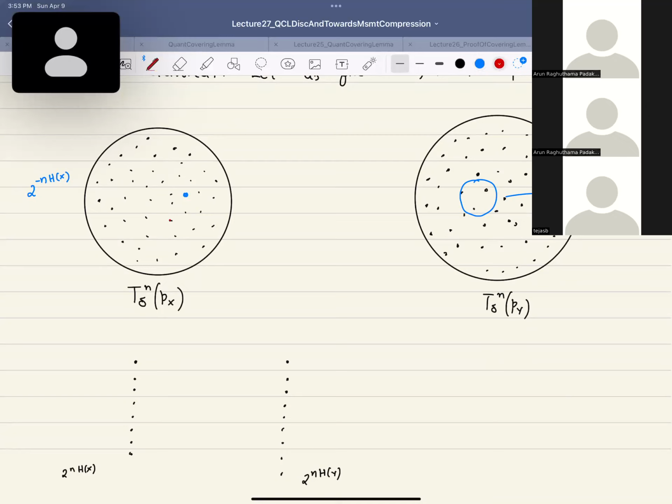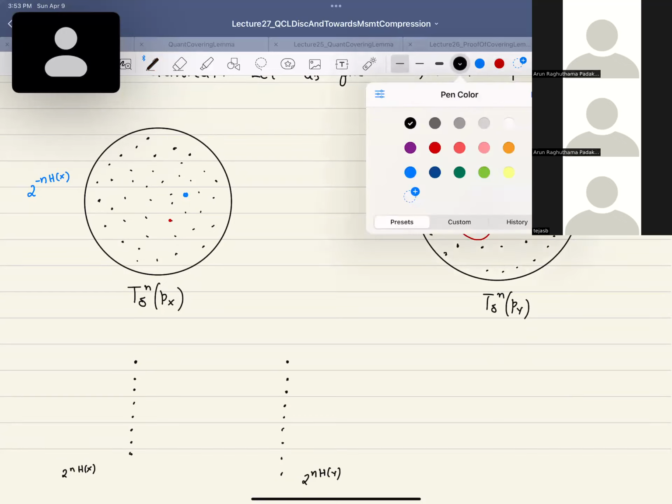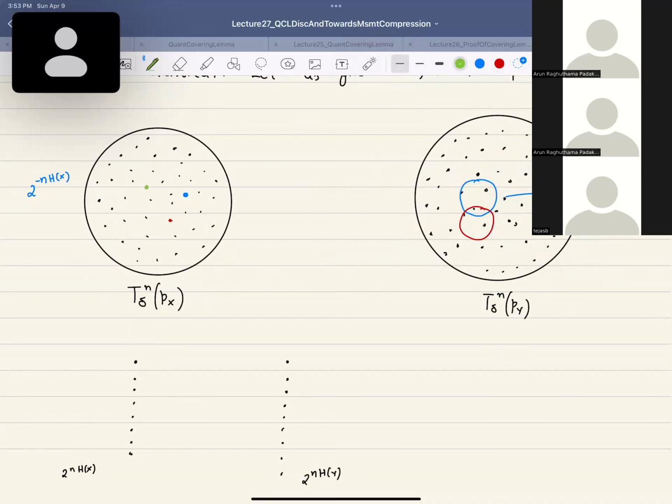Similarly, if I take another one, this will also come out randomly, 2^(nH(Y|X)). So you take another one and so on. So essentially, each point here has a corresponding ball coming out uniformly at random.